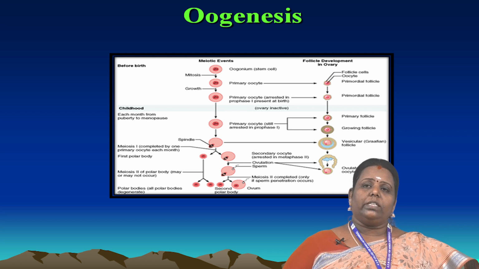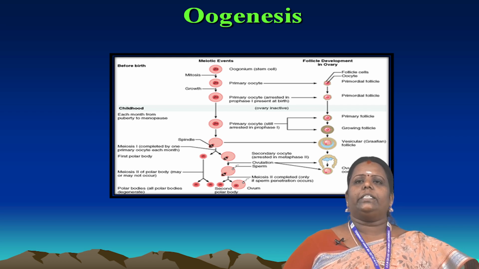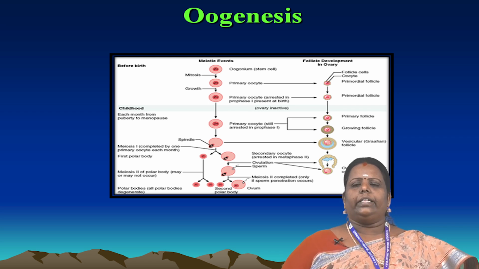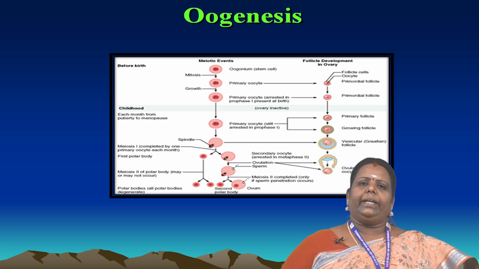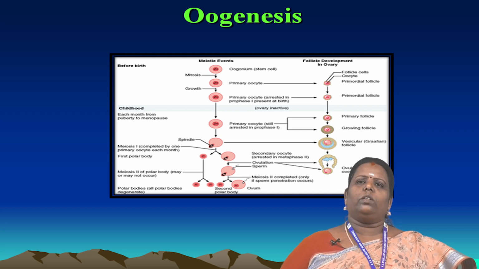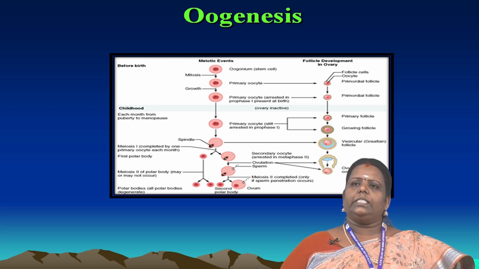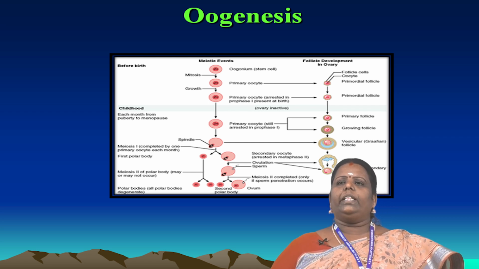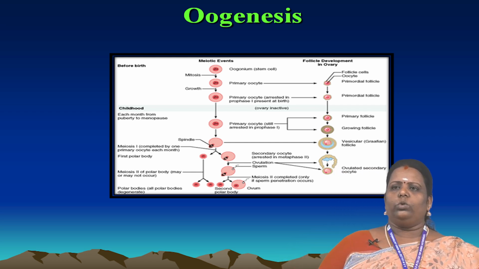During the mitotic stage, cell divisions occur. The other stages are the multiplication phase, then the growth phase, and then the maturation phase. Multiplication occurs, and growth also occurs in the follicle cells and oocyte cells, the primordial follicle cells, which are also called the primary oocyte.